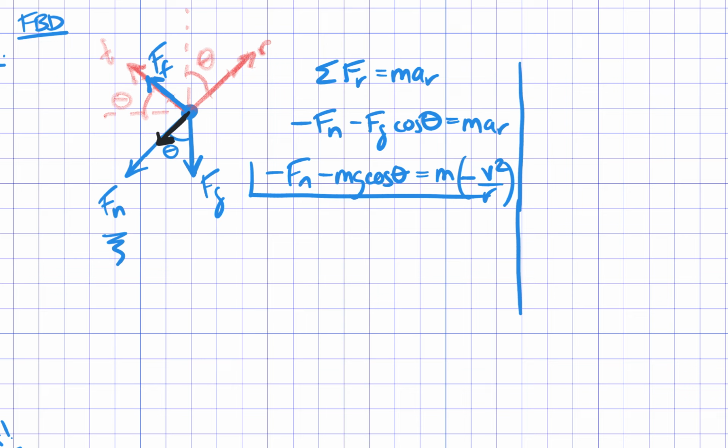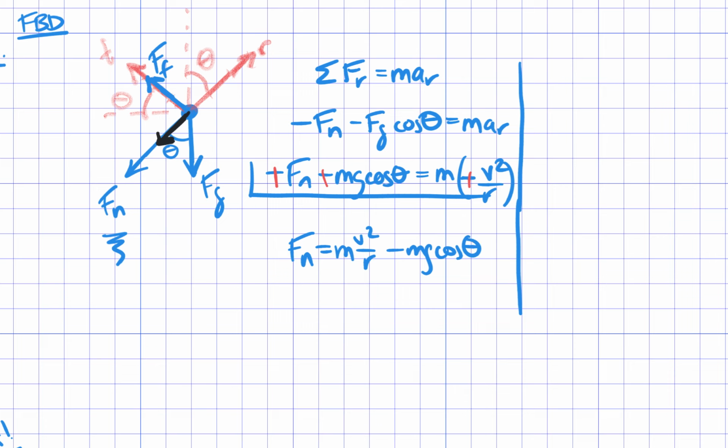All right, so let's see. We're not going to get to use our same numbers we've been using this whole time. But let's see if we can rearrange this. Well, first, we're going to get rid of all those negatives. Okay, and then we'll go, let's see here. So normal force equals mv squared on r minus mg cos theta.